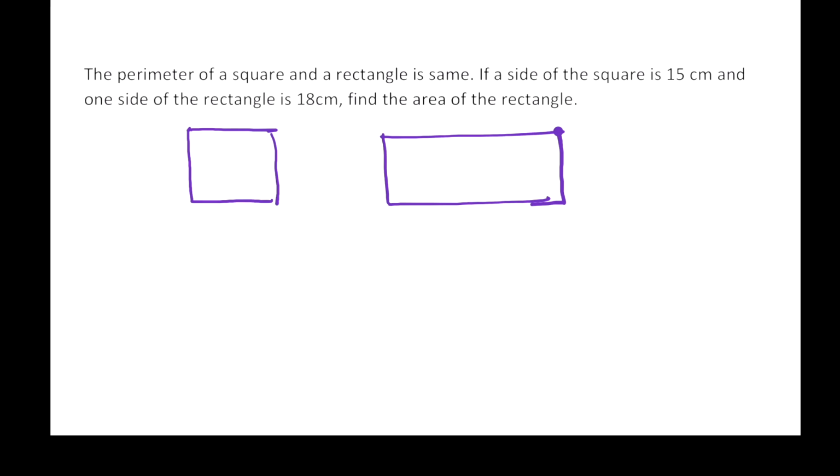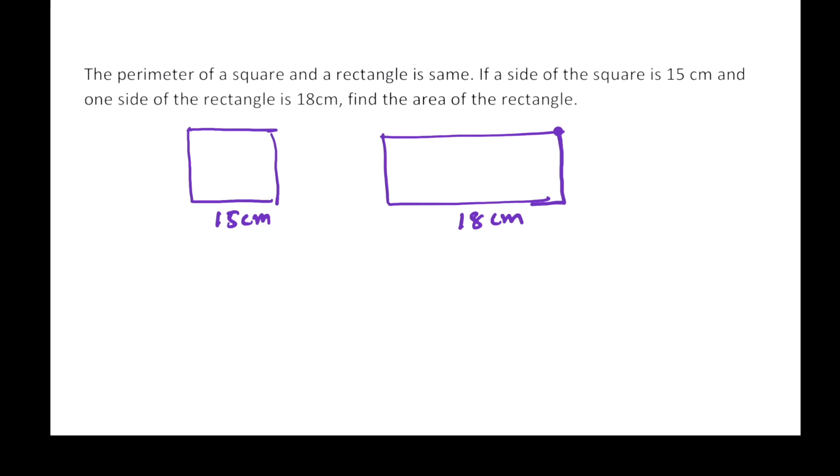Let's point out what is given. The perimeter of both are the same. They gave us one side of the square, which is 15 centimeter, and the side of the rectangle, which is 18 centimeter. And we have to find the area of the rectangle.